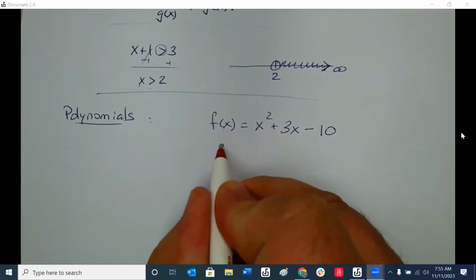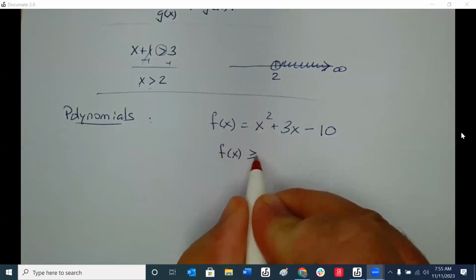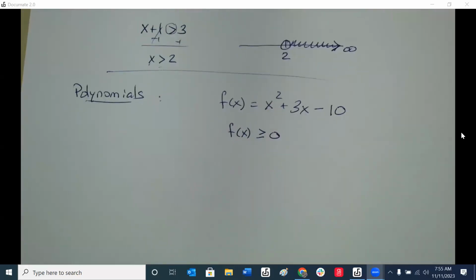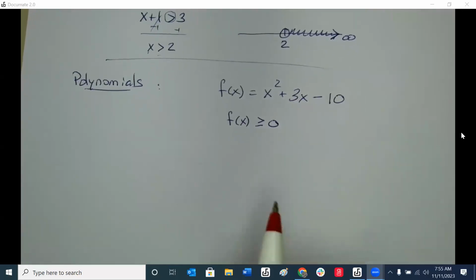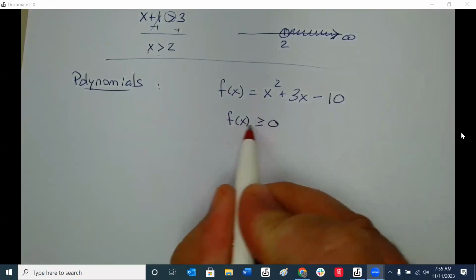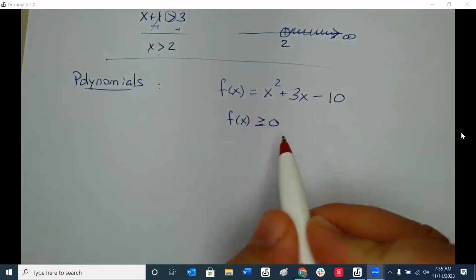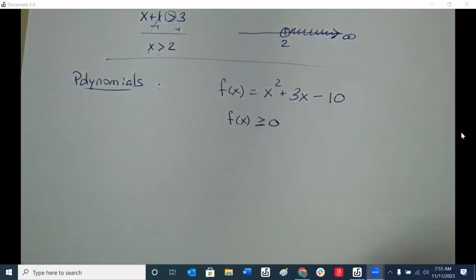And I want to know, when is this function greater than or equal to 0? So again, treat this as an equal sign. First off, let's see where it's equal to 0 in this case. We're looking for either way. It's just that since it equals 0, we have to include that 0 value in our answer.